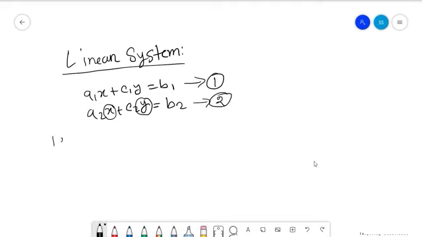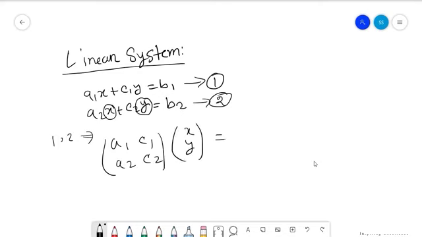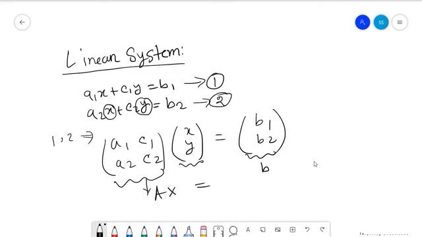From 1 and 2 we can write this equation in a matrix form, and this form is like this. If this matrix is denoted as A and this column is denoted as capital X and this column is denoted as B, then this is actually a matrix equation, and our goal is to solve for this capital X.